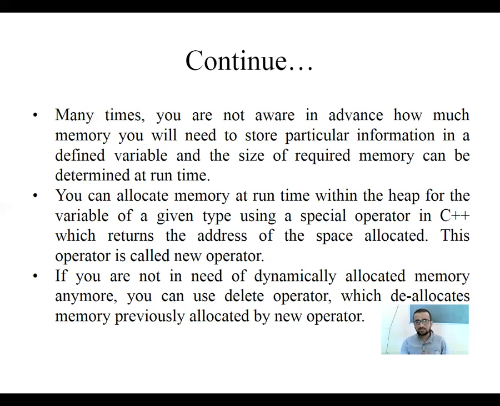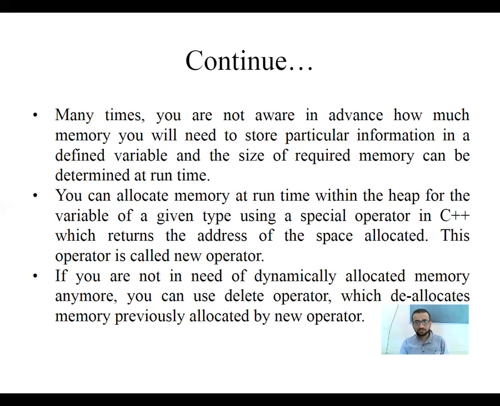In the C language, we know that for such runtime memory allocation, we use calloc and malloc, right? In the same way, we have a special operator in C++ which returns the address of the space allocated.